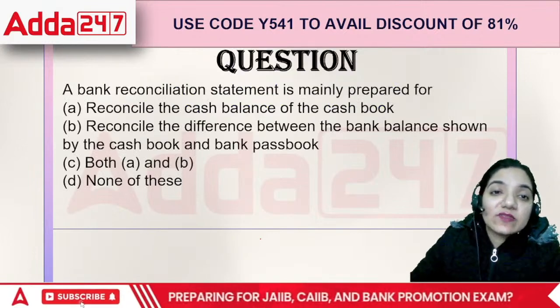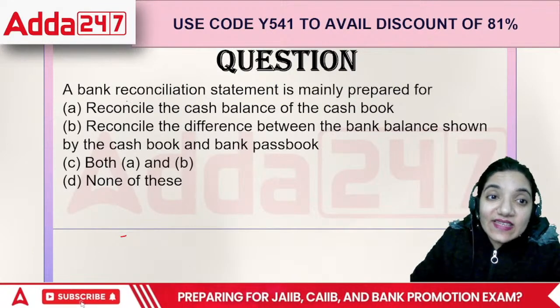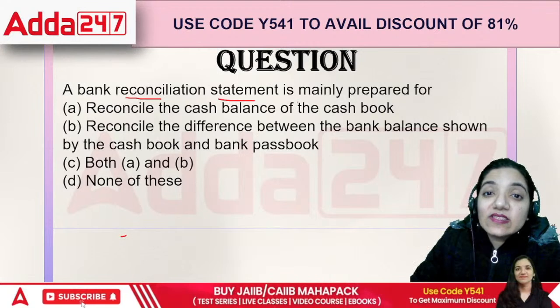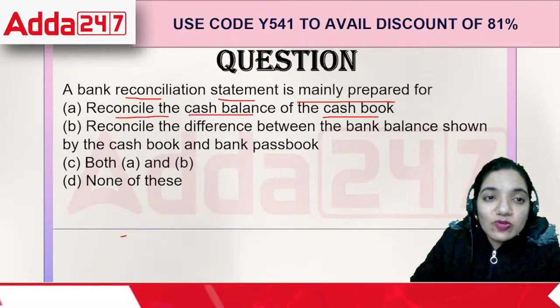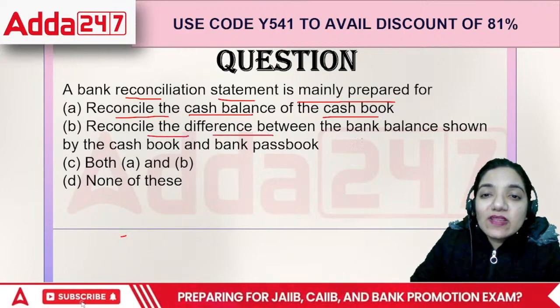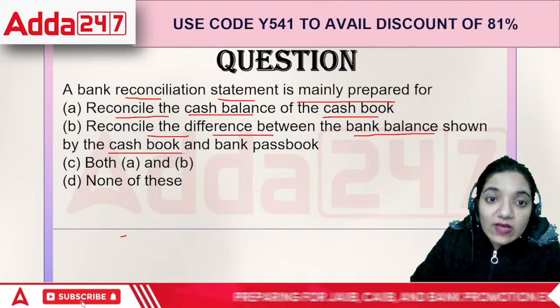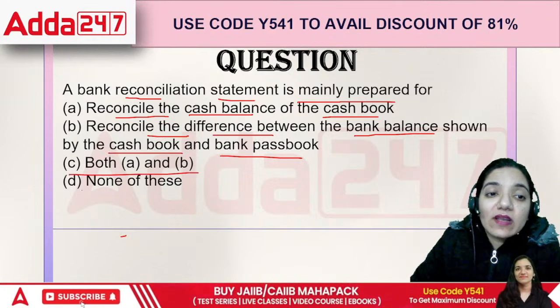Here comes the next point. The bank reconciliation statement is mainly prepared for reconciliation of the cash balance of the cash book, to reconcile the difference between the bank balance shown in the cash book and the bank passbook, or both A and B, or none of the above.